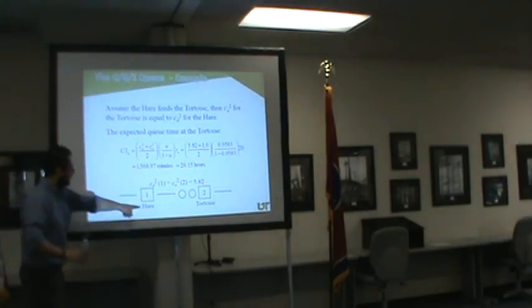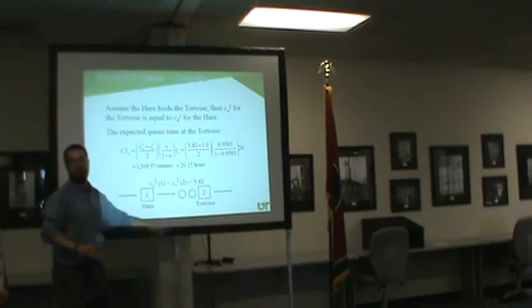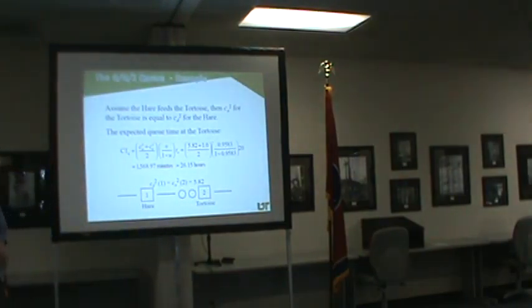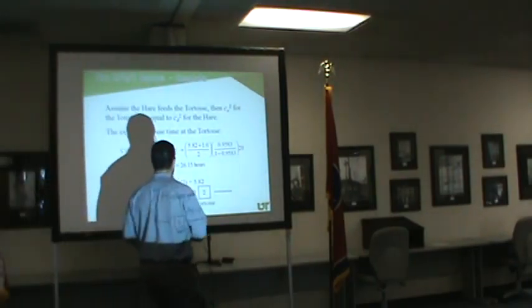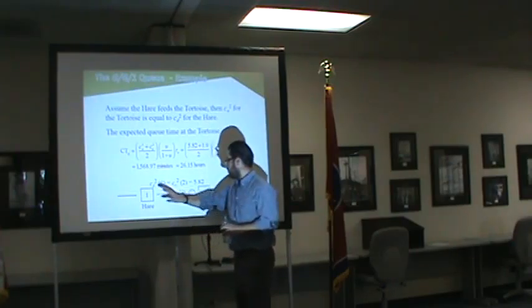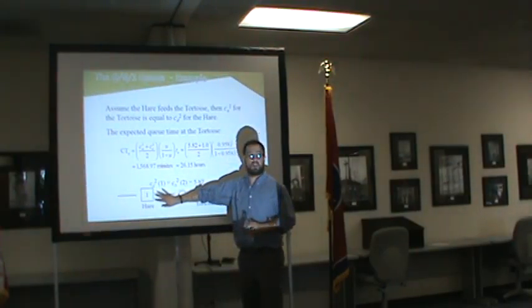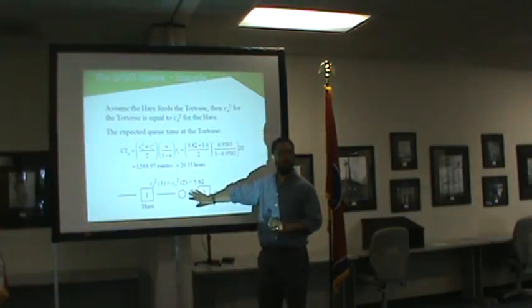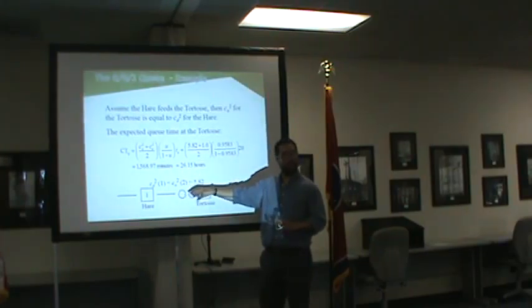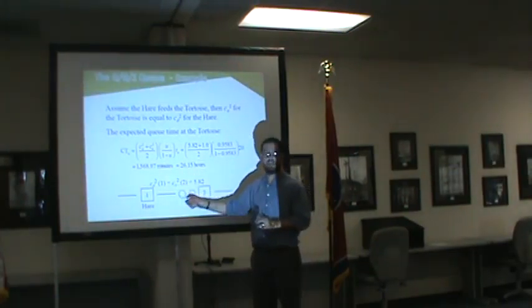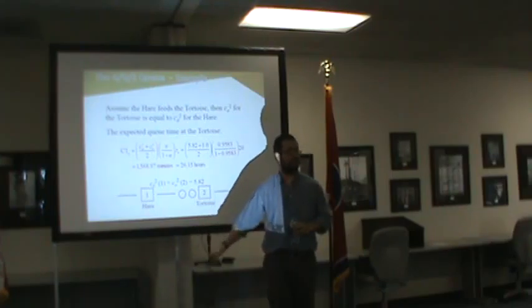So this is the hare, and this is the tortoise. One is going to feed the other. Whatever the departure rate or the arrival rate coefficients were, they create that link between the two processes, right?